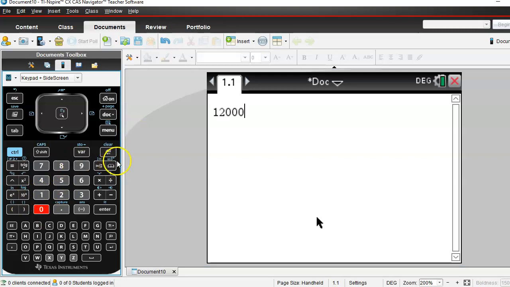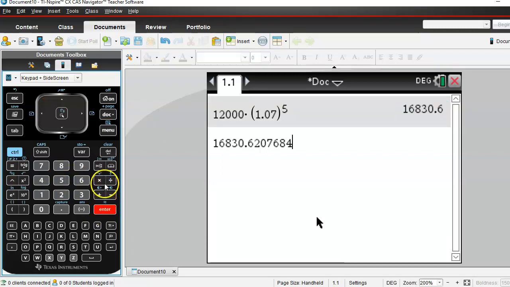12,000 times by 1.07 raised to the power of 5 equals, just want to double check here because money is always to 2 decimal places. Money is always to 2 decimal places, so you have to make sure that you are writing your money to 2 decimal places.